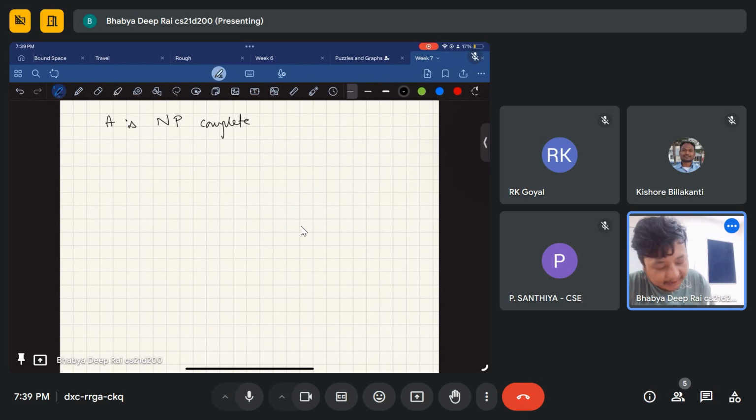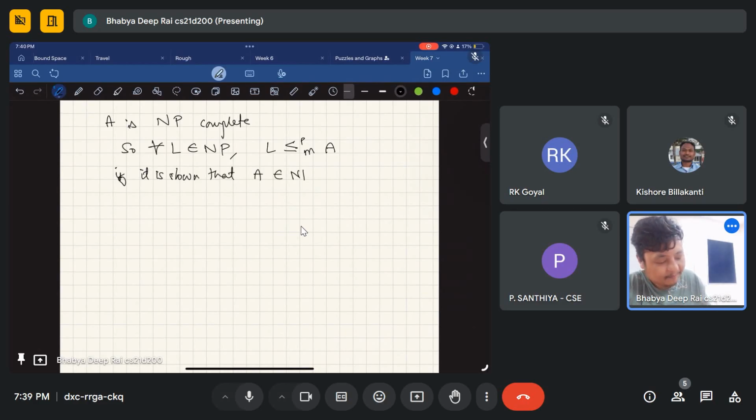It means that for every language L in NP, L reduces to A. Now, if someone comes up with a polynomial time algorithm for A, that is, if it is shown that A is in P, then for each of these languages L, they become solvable in polynomial time suddenly.